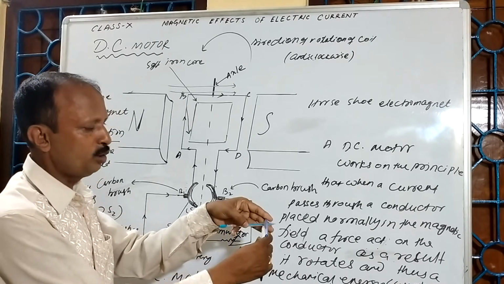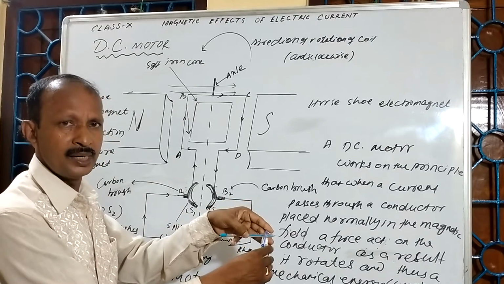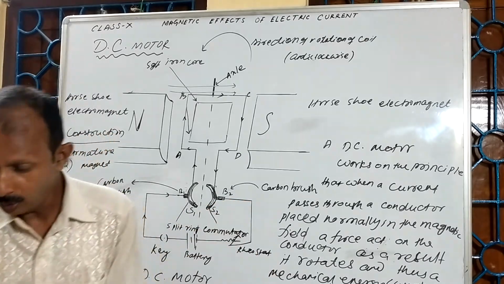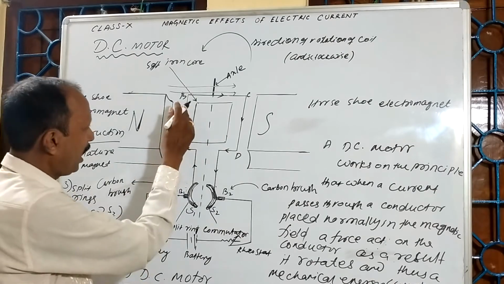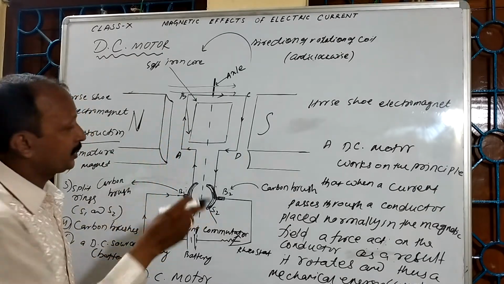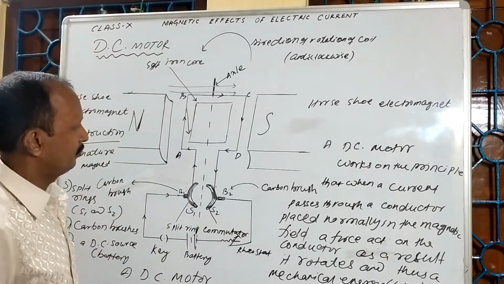These three are mutually perpendicular to each other. So, on the side AB a force acts downwards.